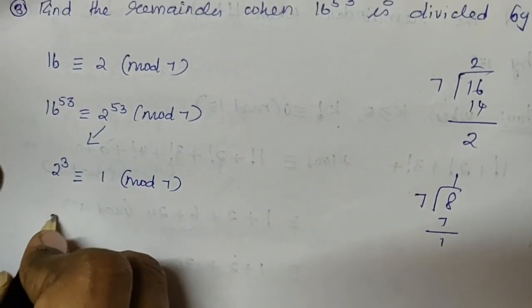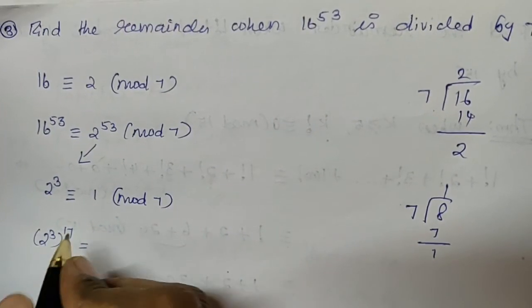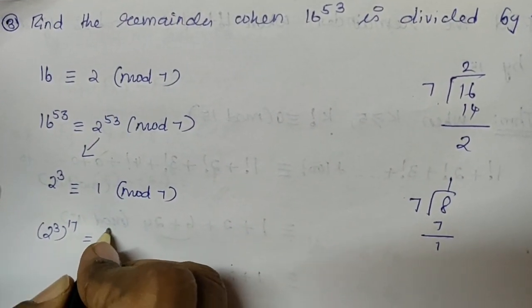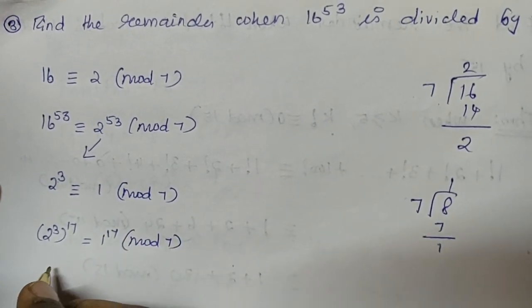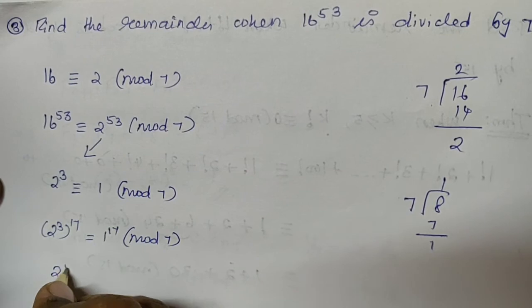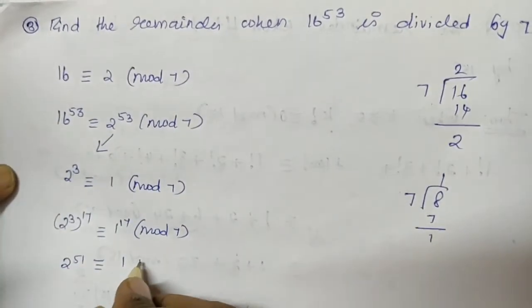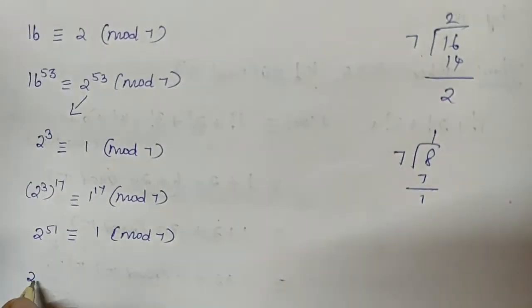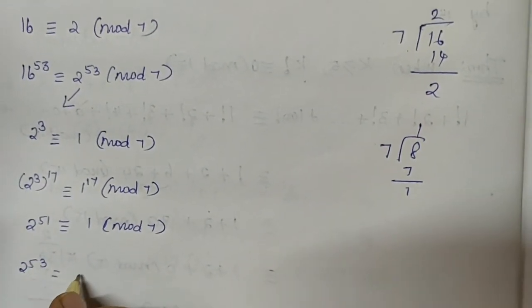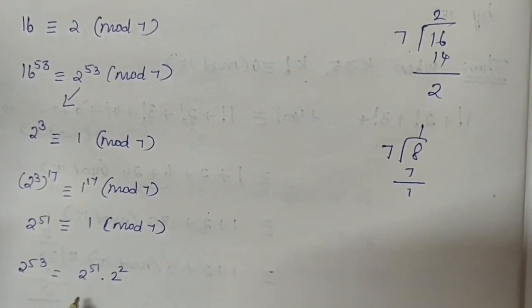Next 2 cube power 17. That is 2 cube power 17 means 1 power 17 mod 7. So 2 cube power 17 is nothing but 2 power 51, which is congruent to 1 mod 7. So this 2 power 53 can be written as 2 power 51 into 2 squared.